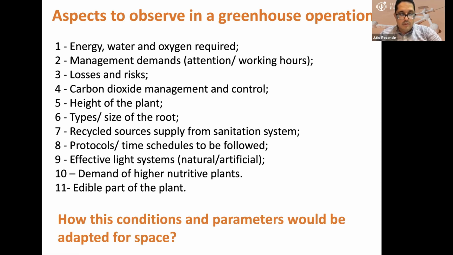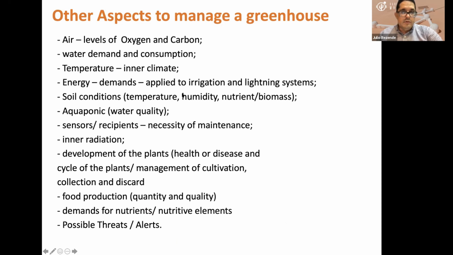Also, it's important we present the question of how these conditions and parameters would be adapted for space. Also, other aspects to manage a greenhouse: levels of oxygen and carbon, water demand and consumption, temperature, the inner climate in the greenhouse.